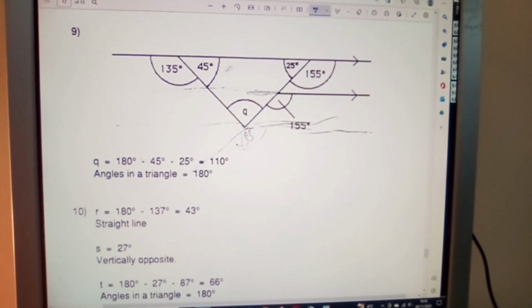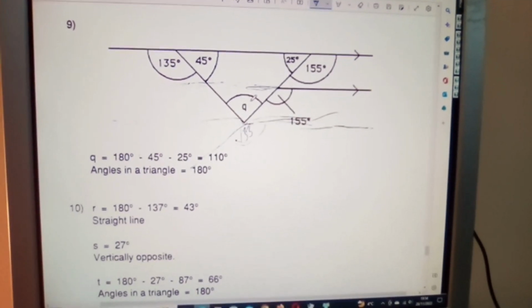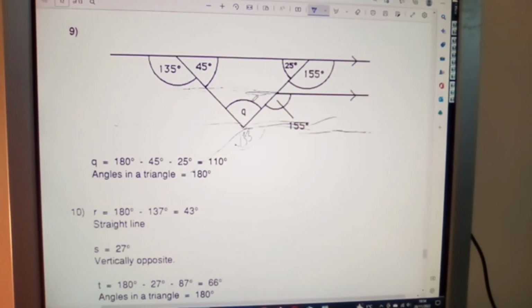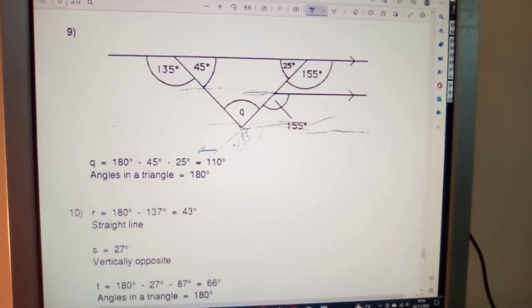So your angle here, of course, Q is 110. Yes, the angle here is 110, which is Q here.